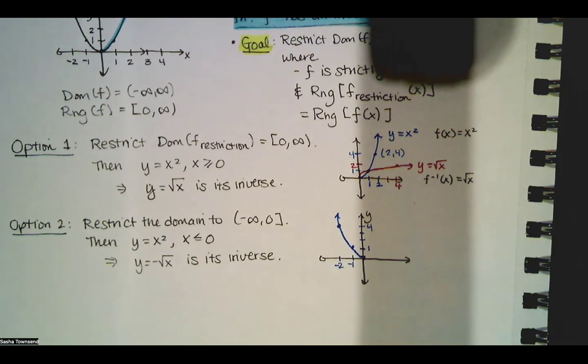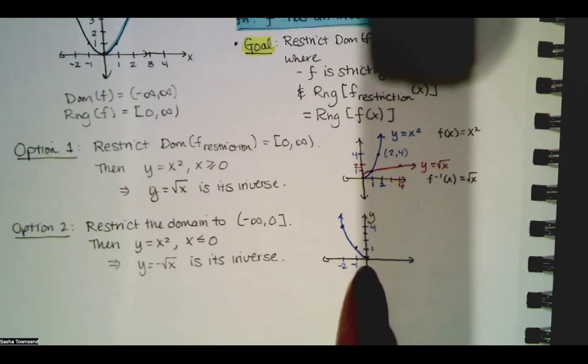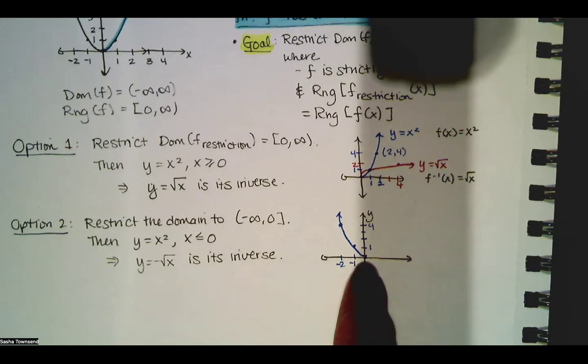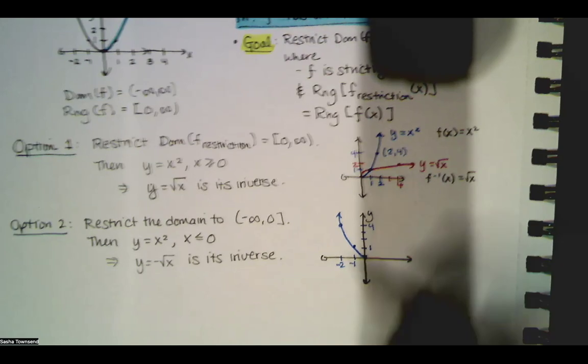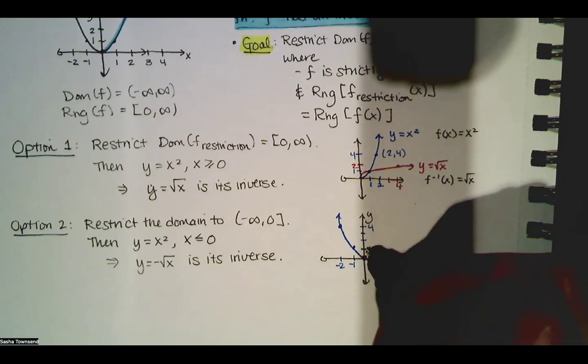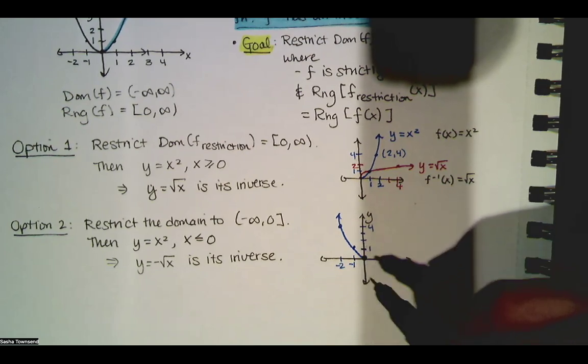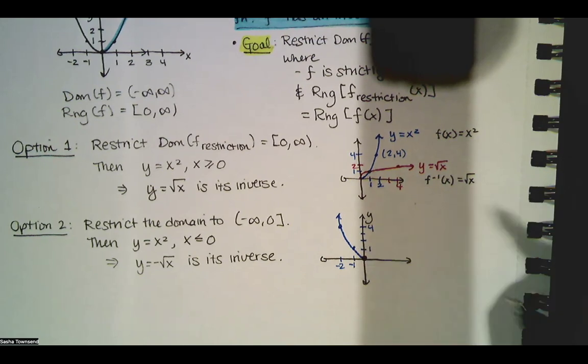Now we're going to switch the roles of x and y. So on f inverse, well, on the original graph, 0, 0 was on our graph. So on the inverse graph, 0, 0 will also be on the graph. On the graph of the restricted y equals x squared, x equals -1, y equals 1 is on the graph.